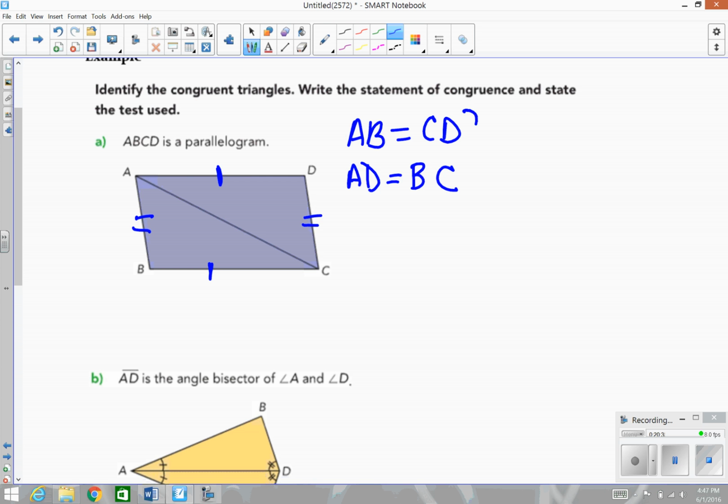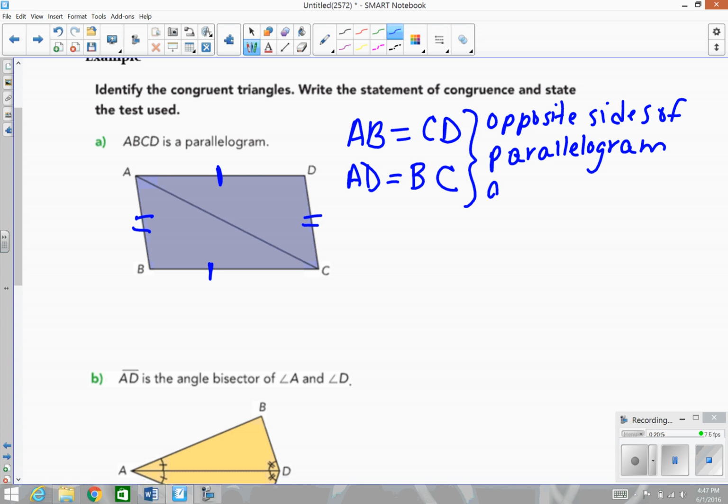My reasoning for both of those is that opposite sides of a parallelogram are congruent. That's just a fact.